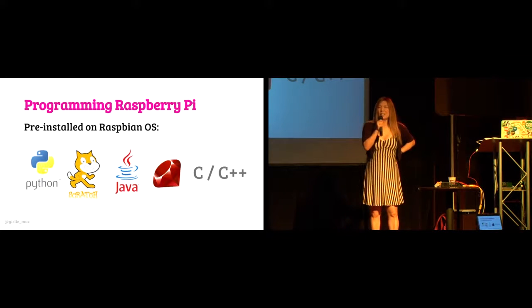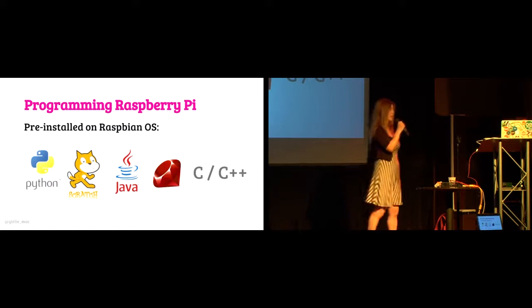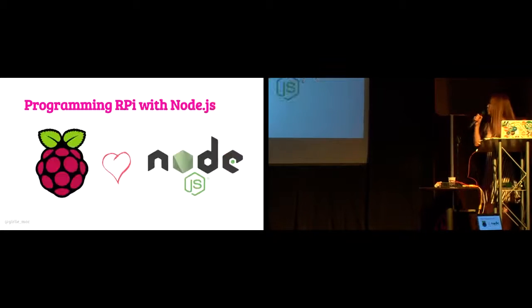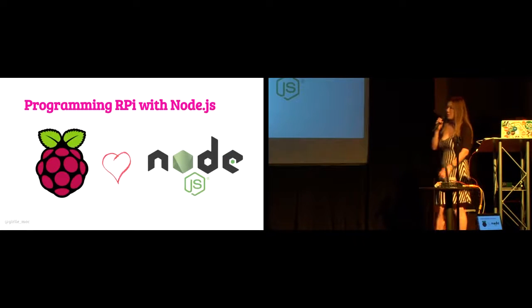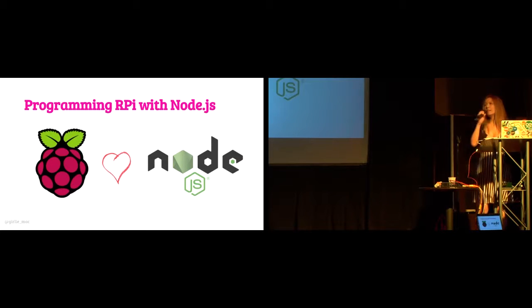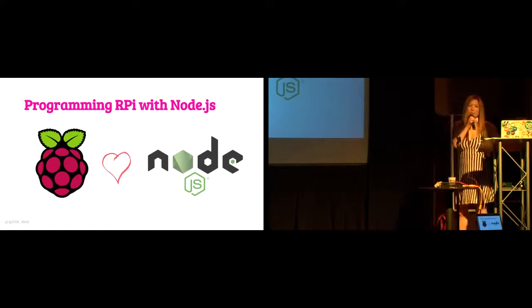But you know what? I prefer squiggly brackets with JavaScript. I don't like Python much. So I decided to install Node.js, of course. This is Linux, so you can basically install anything that runs on Linux, right?